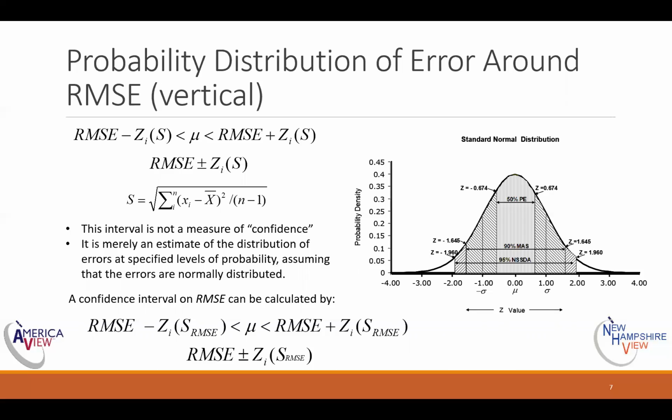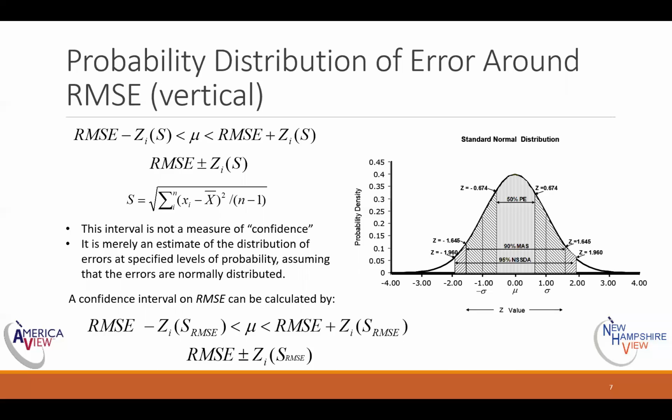And so root mean square error minus the Z value, at the 95% confidence level, if you want to do that. And then you put the mean value in there, and then root mean square error plus the Z value times S. So it really comes down to the root mean square error plus or minus Z, which is the statistic, times the value S, which is the standard deviation.